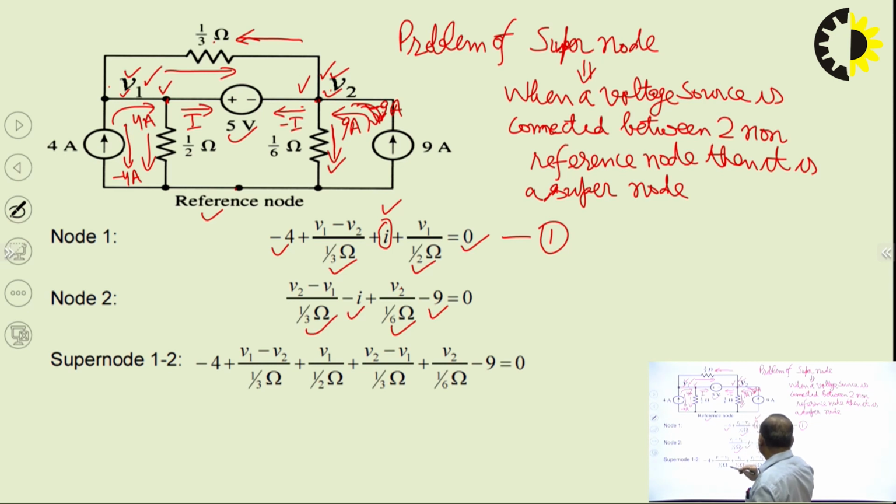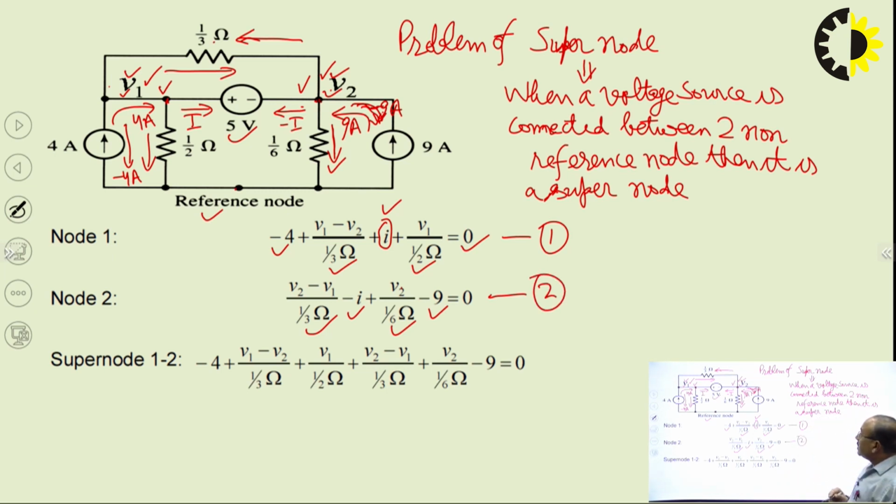So, all these 4 currents are leaving this node, and the sum of these currents will be equal to 0 since there is no incoming current to this node. So, this is equation number 2.